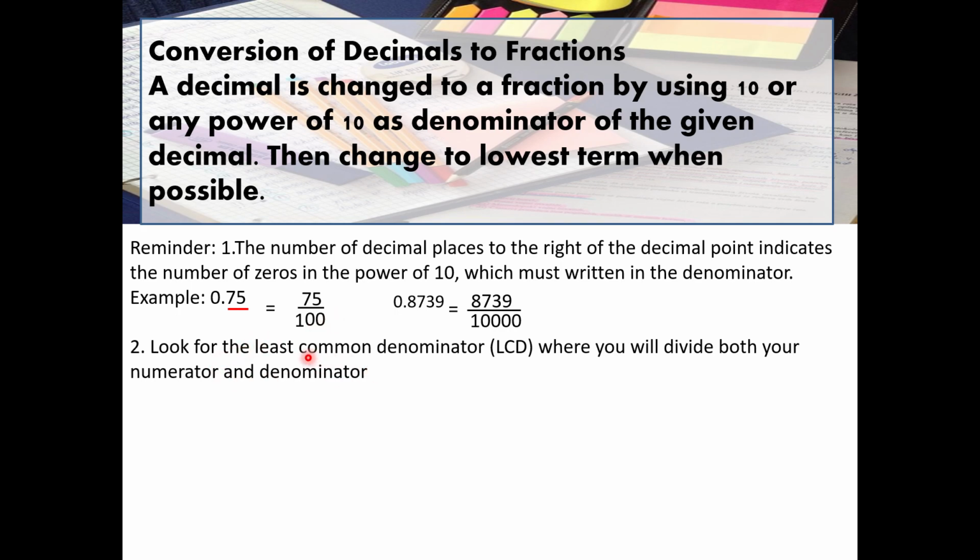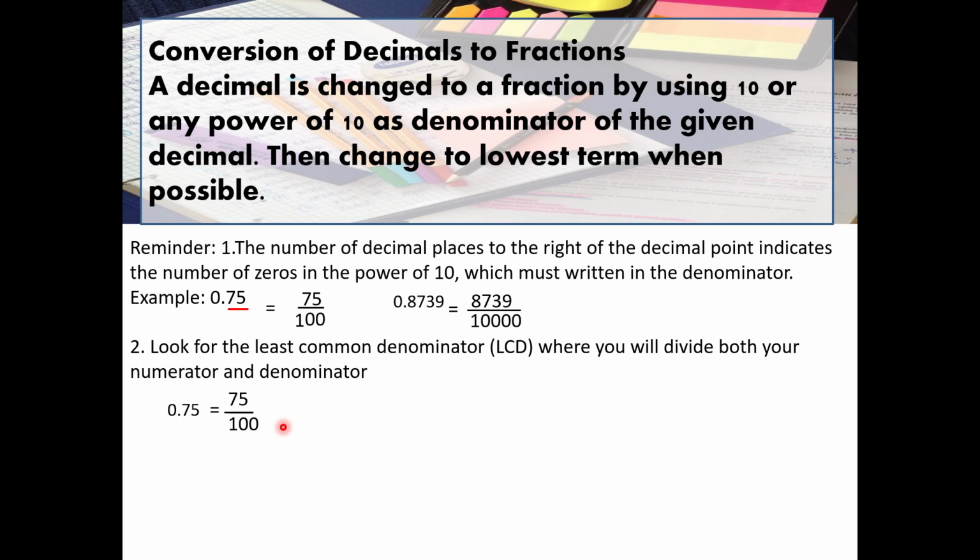Next, for number 2 reminder, look for the least common denominator, or the LCD, where you will divide both your numerator and denominator. So dito sa ating 75/100, mag-iisip tayo ng pinakamababang number, because ang hinahanap natin ay yung LCD, least common denominator.